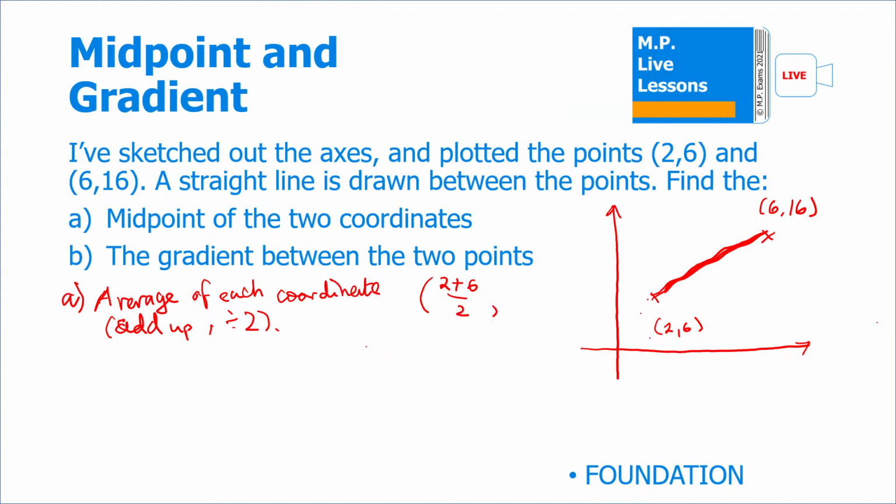And for the y coordinate, we have 6 plus 16, and we divide that by 2. After we work this out, we get the coordinate 4, 11. So it's gone halfway up and gone halfway along.